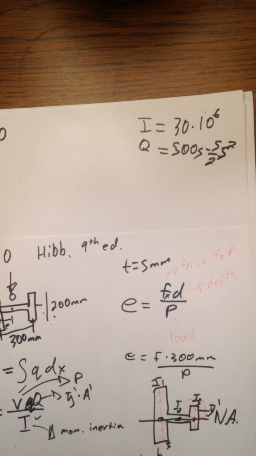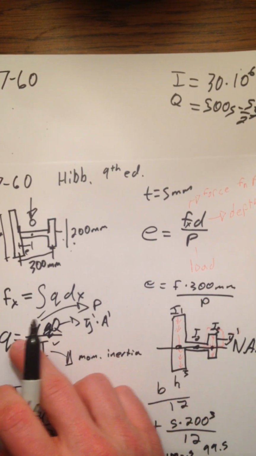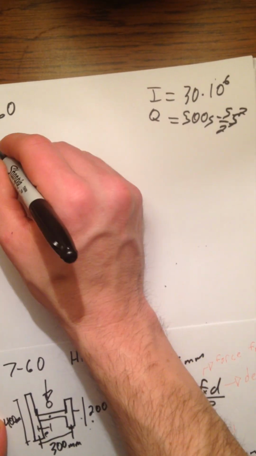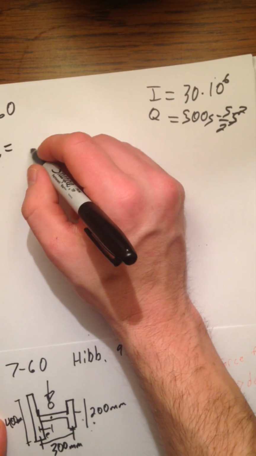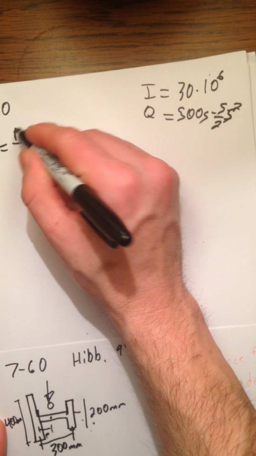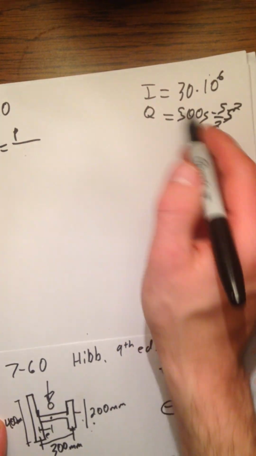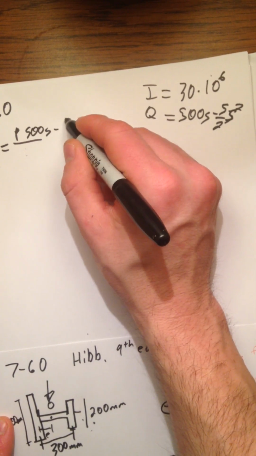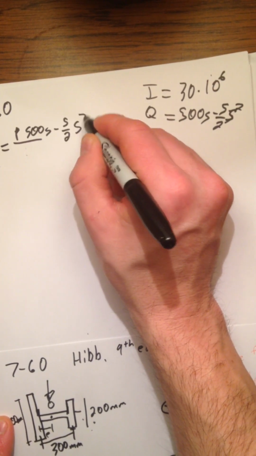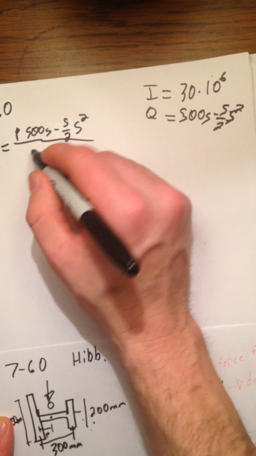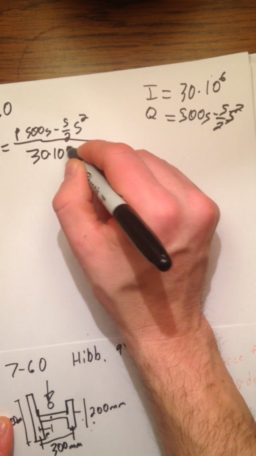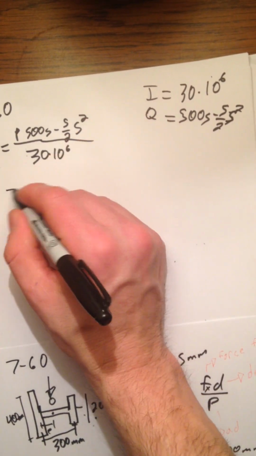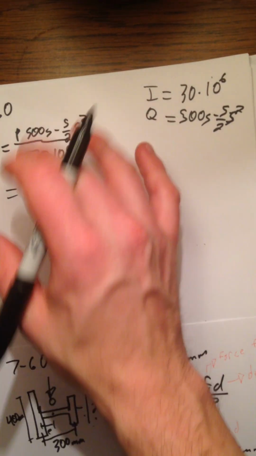So from here, we go back to that, we're solving for q basically. So q equals V, which ends up being P times this Q value, 500s minus 5 over 2 s squared, and then that's all over 30 times 10 to the 6. Multiply that all out.